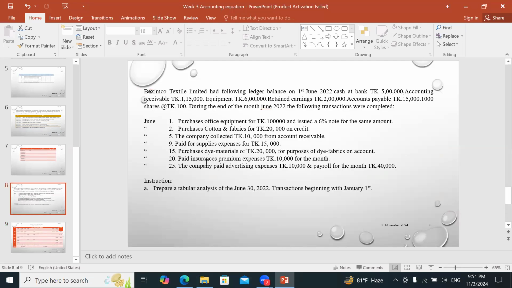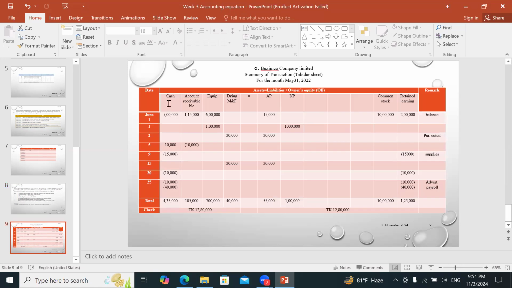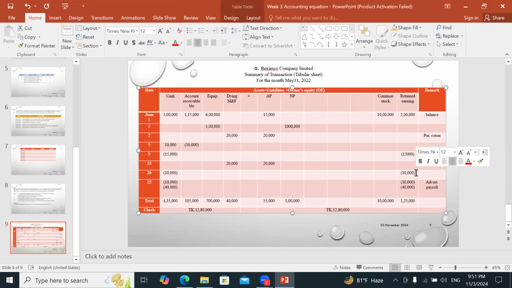Transaction 20: paid insurance premium expense 10,000 per month. Asset, cash, decreases and retained earnings decreases because it is an expense.